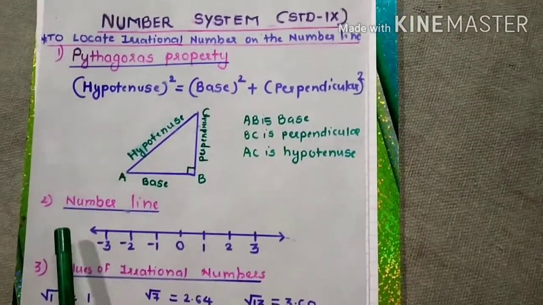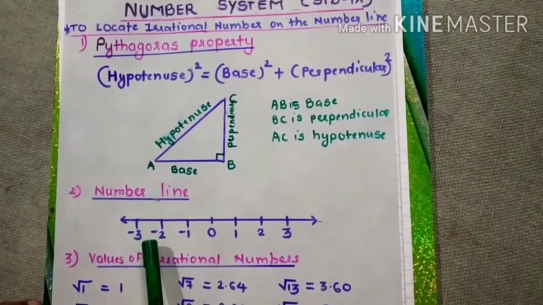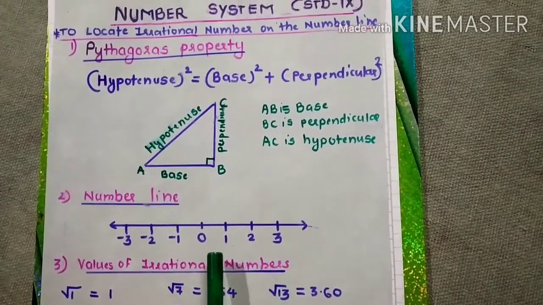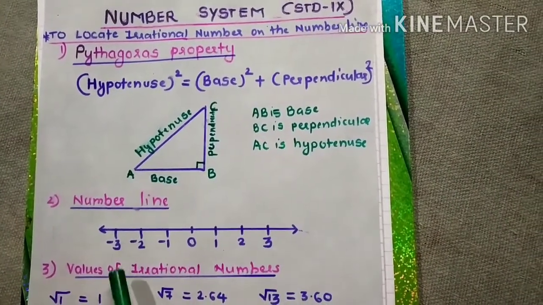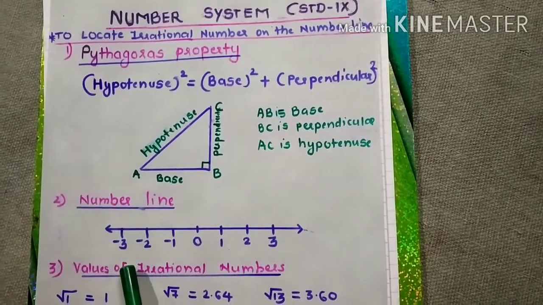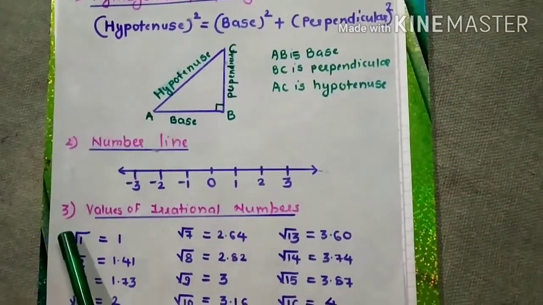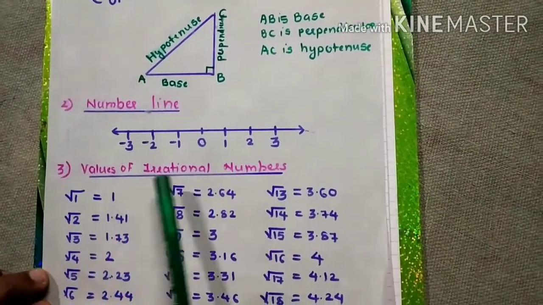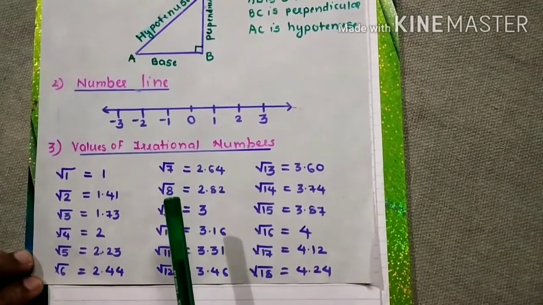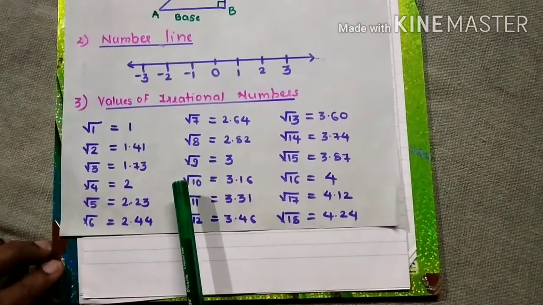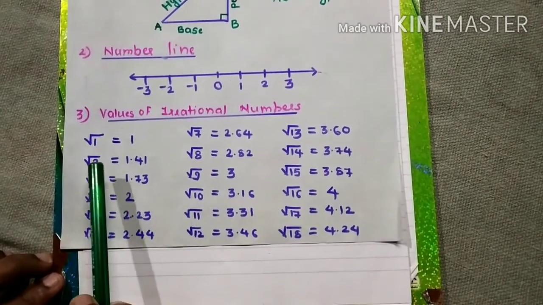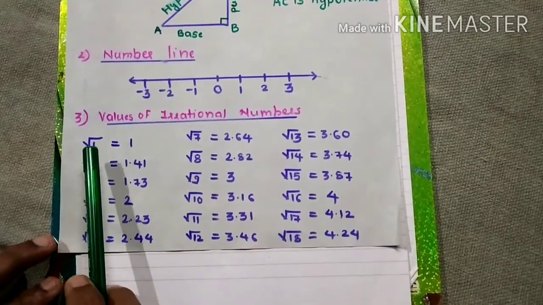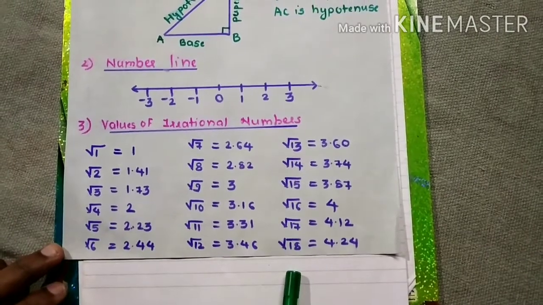Then second, you must know what is number line. So this is the number line I have drawn. This side positive integers and this side negative integers. And next is values of irrational numbers. This is very important. I have written values of irrational numbers from root 1 to root 18.